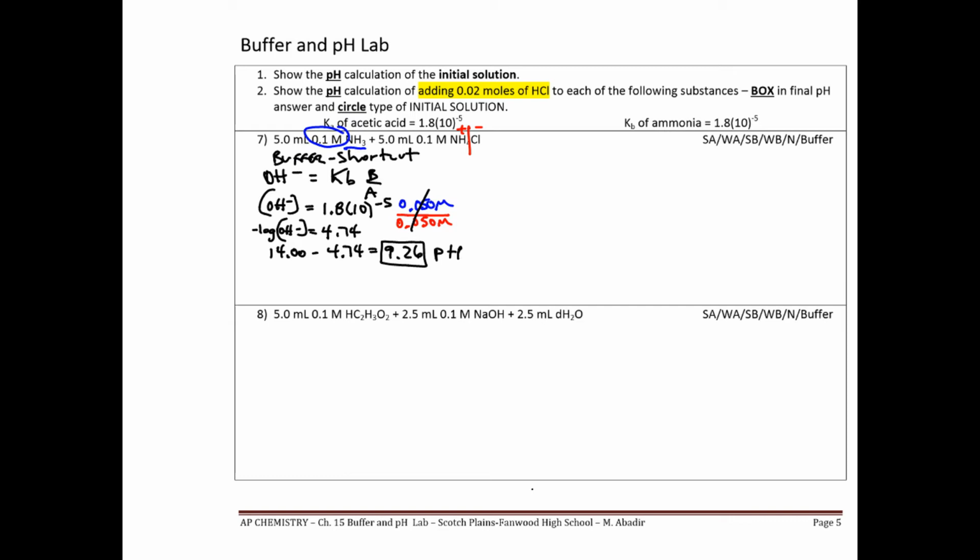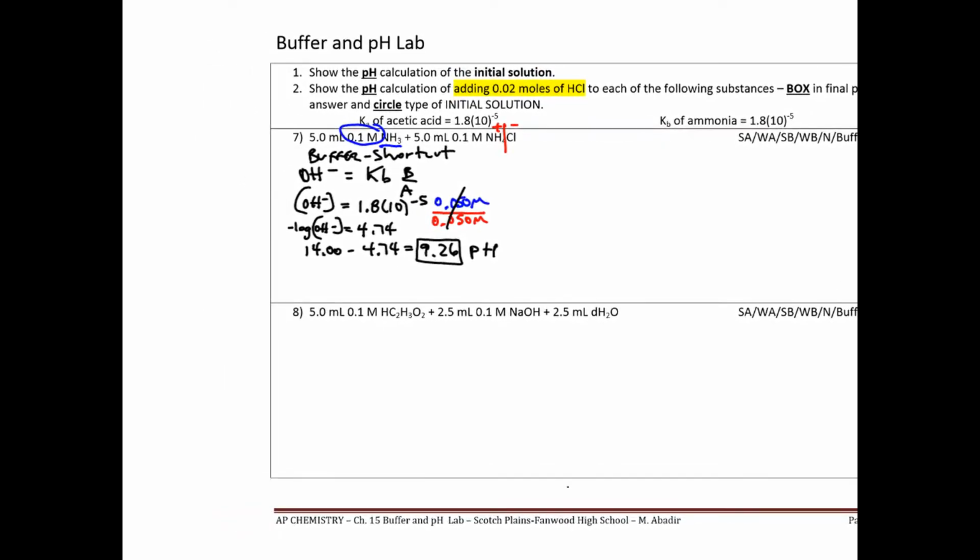So if you want to draw a quick picture of this, you're going to see that the little cup is going to have your buffer in it, and when you put this together, it's just going to be a buffer, NH3 in the bottom, and NH4 plus as well. There's no reaction because they're conjugates.